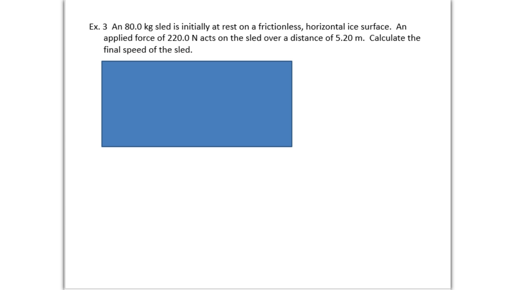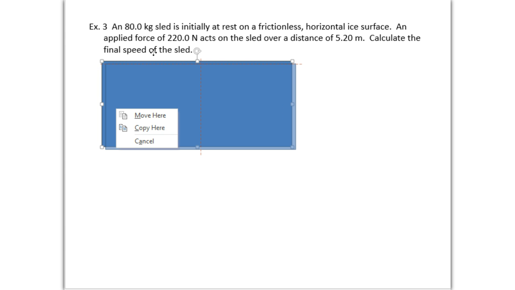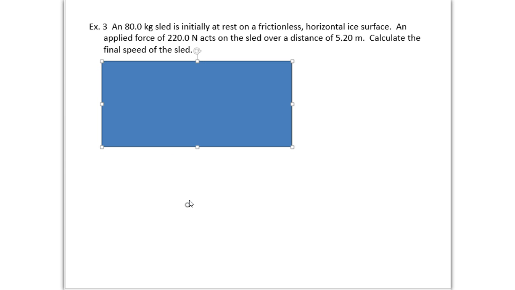Now another example. So again, pause and give it a try. Alright, so assume that you've had time to look at it. An 80 kilogram sled is initially at rest on a frictionless horizontal ice surface.